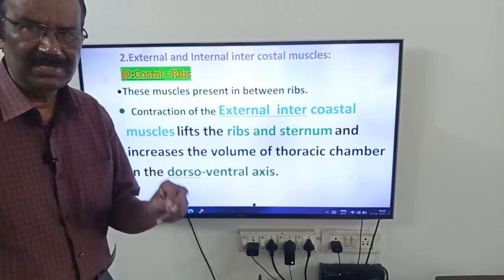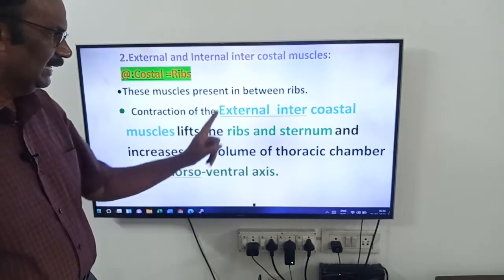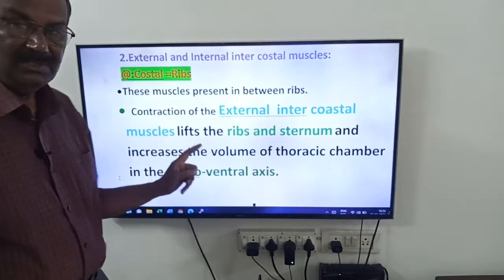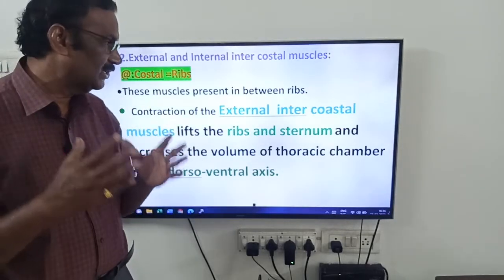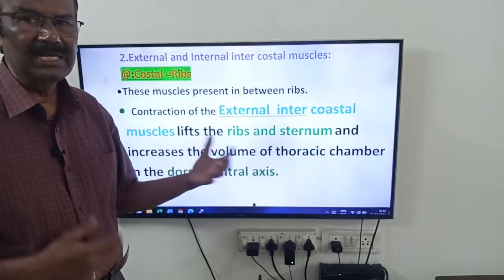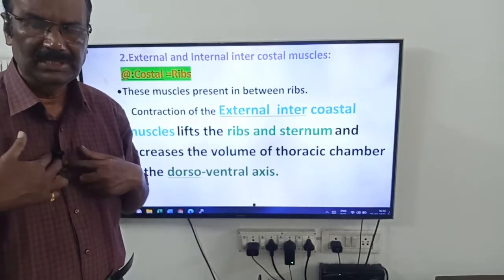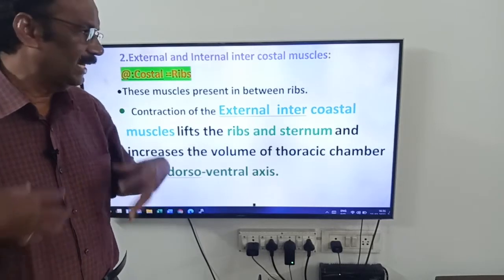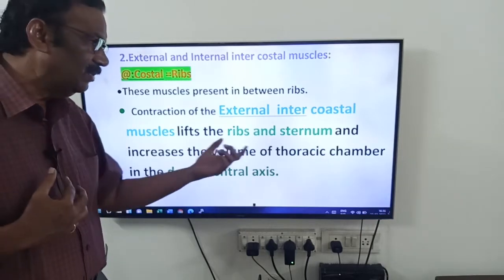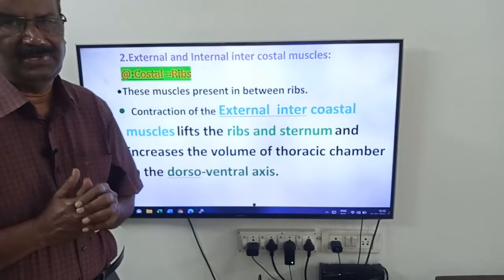Now here you have to concentrate on external intercostal muscles. Contraction of the external intercostal muscles lifts the ribs and sternum. Friends, this is the ribs and this is the sternum, the breastbone. It lifts the ribs and sternum and increases the volume of the thoracic chamber in the dorsoventral axis.